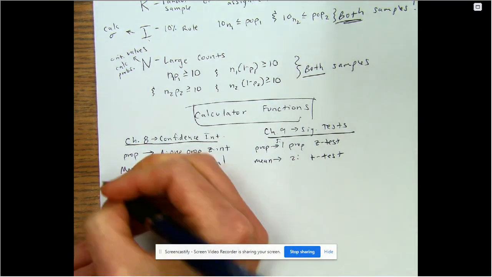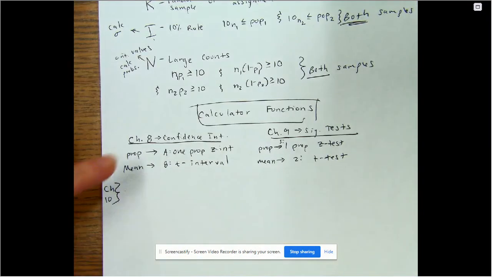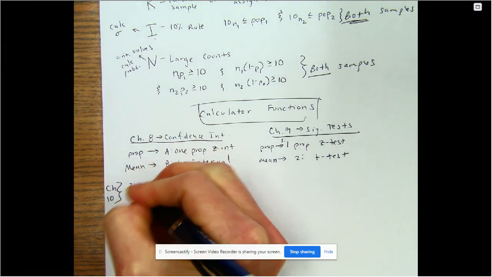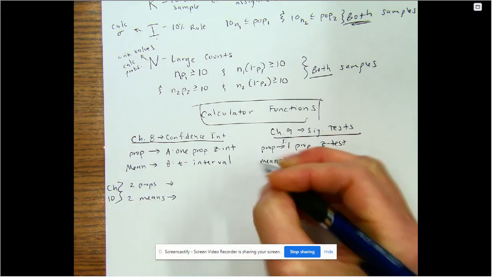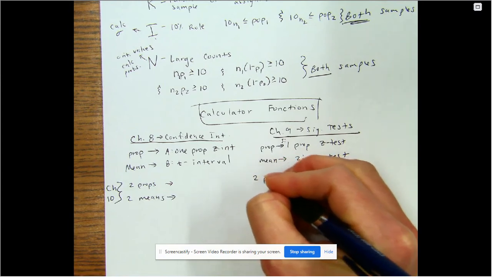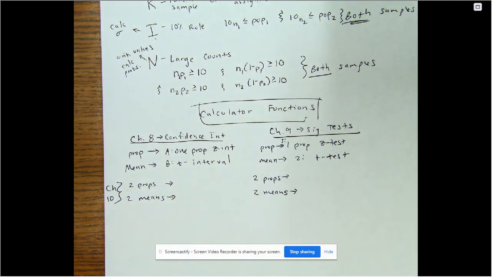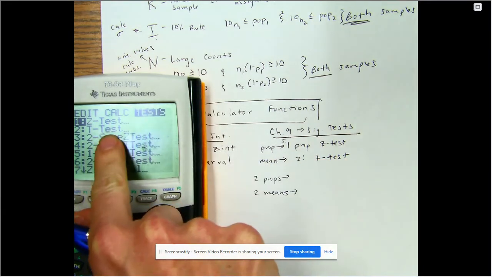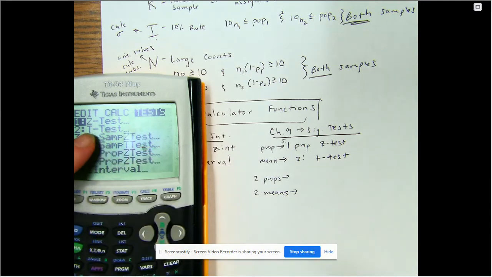In chapter 10, we are interested in both confidence intervals and significance tests, if you want 2 proportions or 2 means. For our significance tests, you're either going to have 2 proportions or 2 means. So notice right above where you have t test, you also have a 2 sample t test. Remember, t tests are for means.